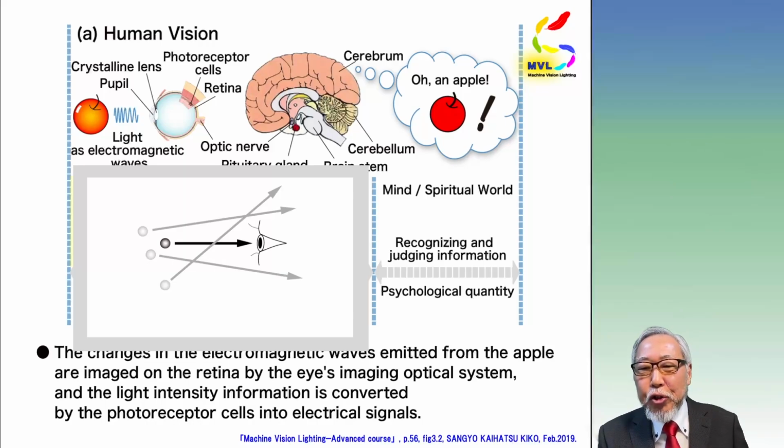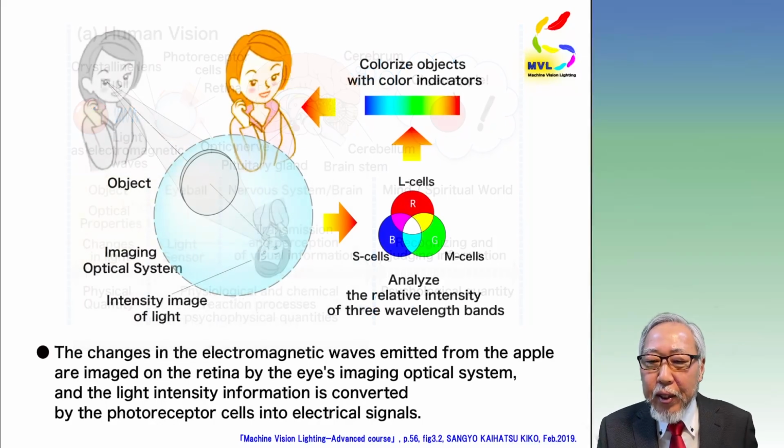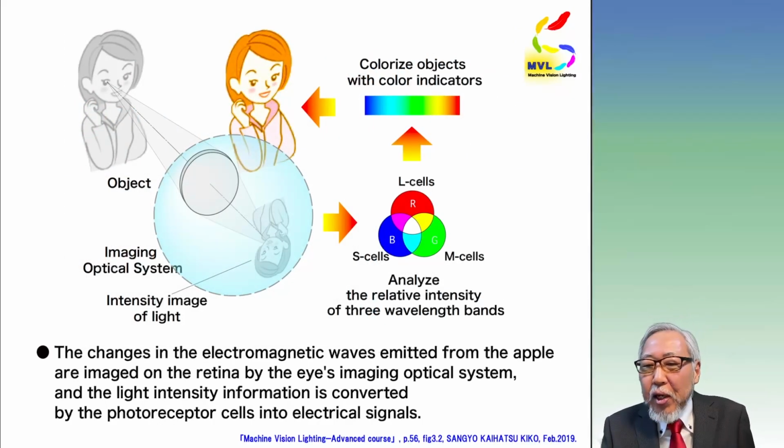So an image information is actually all about light and dark information. You might say, well, there is color. But color comes from the fact that on the human retina, there are three cells called LMS cells, which have different sensitivity of wavelength band.